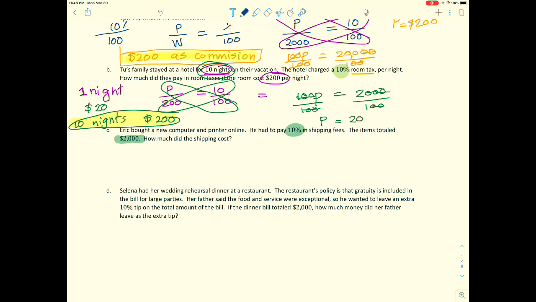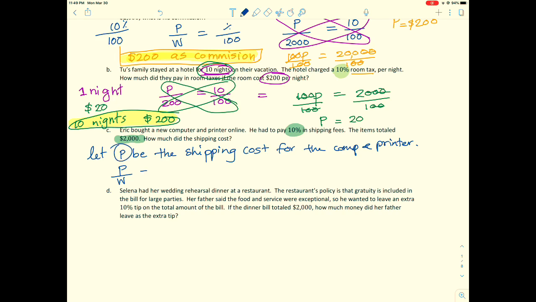Now, basically, if you're starting this, you have to introduce the variable. So let me do that right now. We should have been doing that for the previous two problems. I'm sorry that I forgot. Let P be the shipping cost for the computer and printer. Okay, so that's what P stands for. It could be part too, but in this case my P is this.